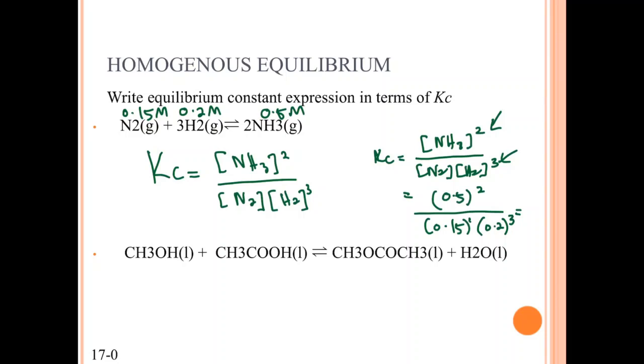Okay. Firstly, we have to check: this is liquid, the second reactant also liquid, the third reactant liquid, and the products are liquid as well. So this is a homogeneous system.